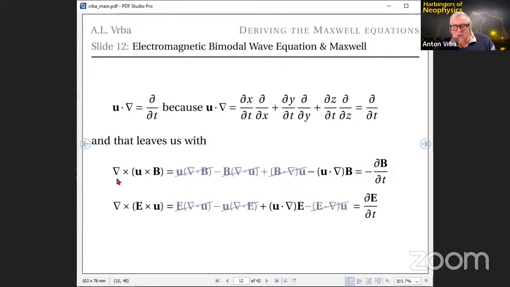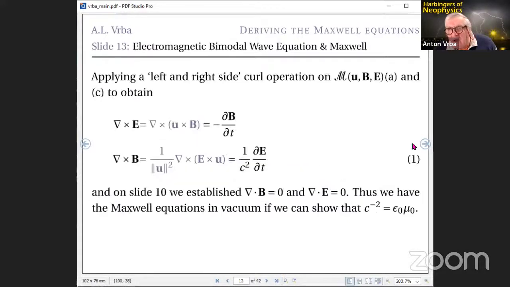So the triple product of the gradient u b is minus the d dt, and the triple product of the gradient of the electric field and the velocity is the e dt.